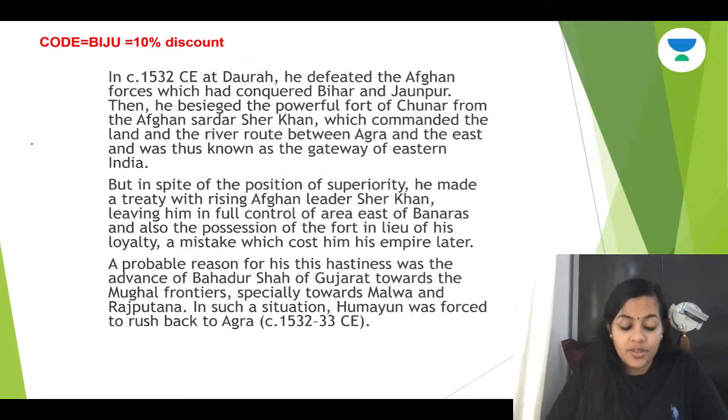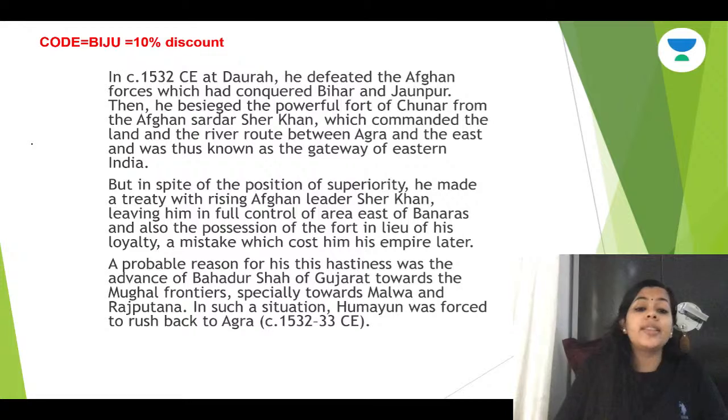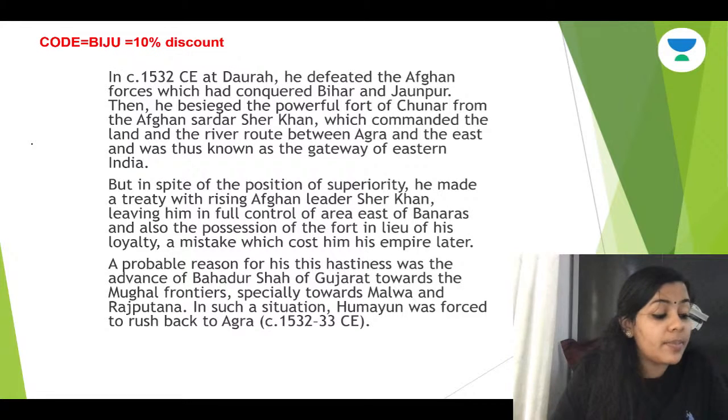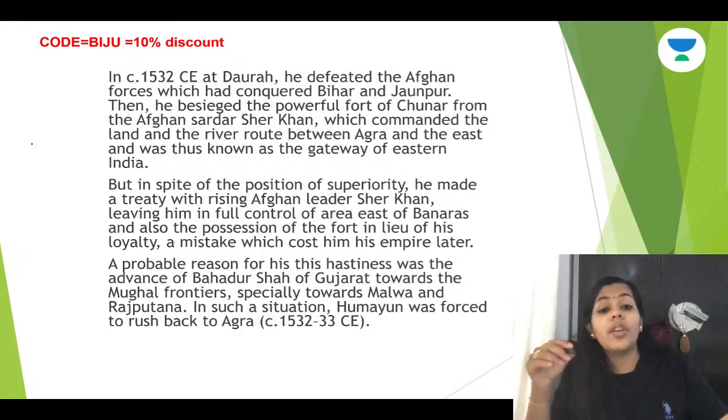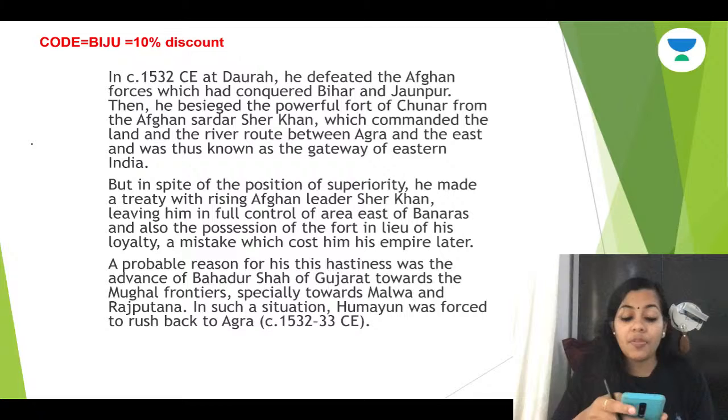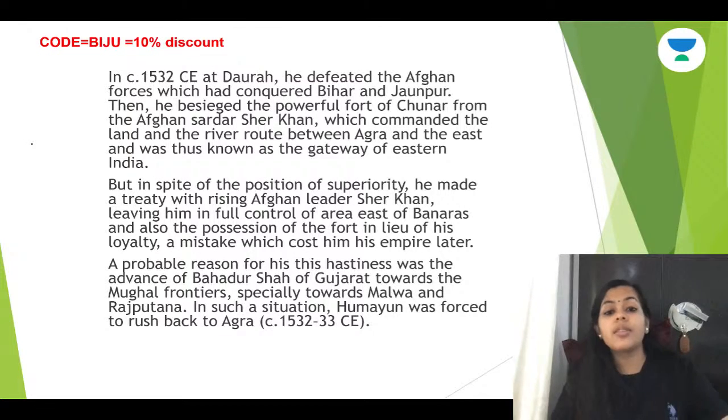So what happened? In spite of the superiority of the Mughals, they were having problems from Sher Khan. Sher Khan wanted to control the area, especially east of Banaras, which he was already controlling, and he wanted to control the rest of it.